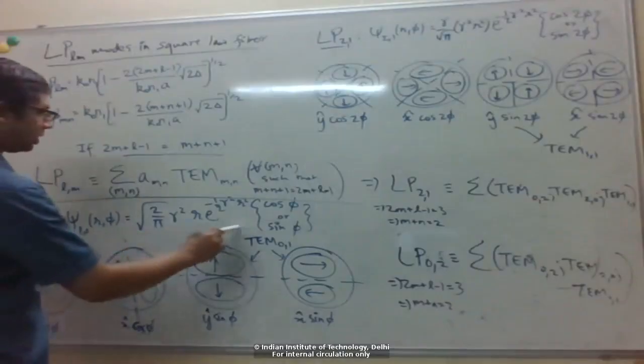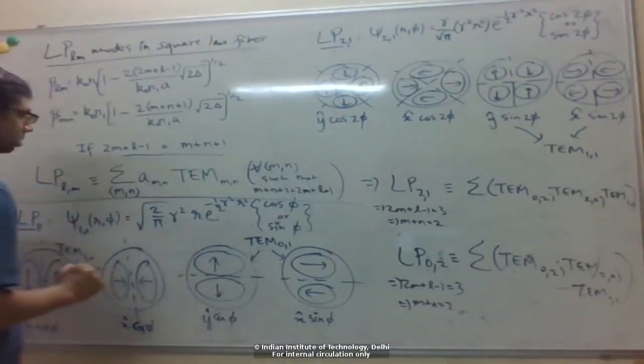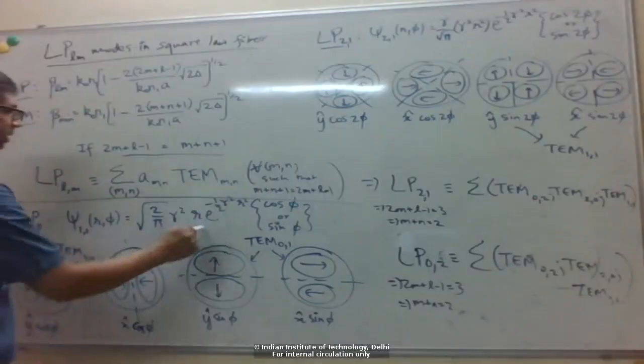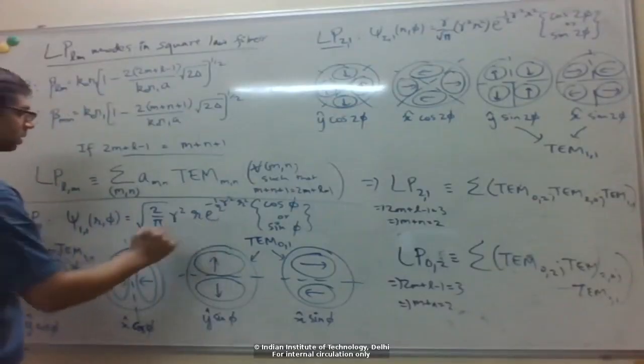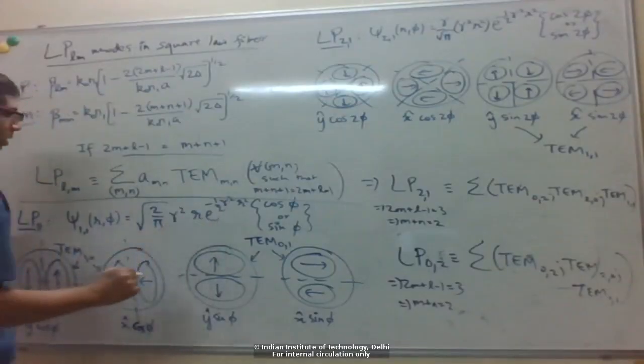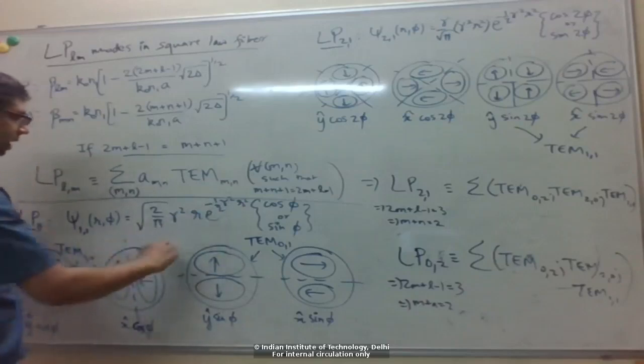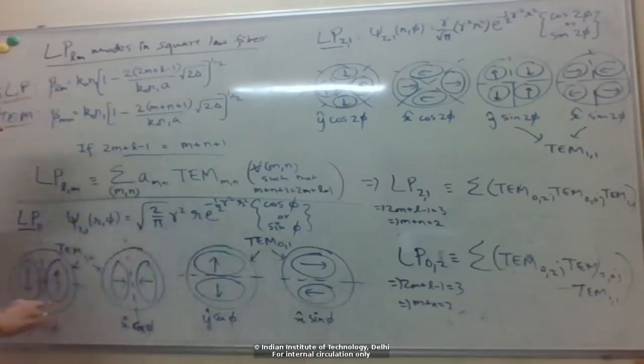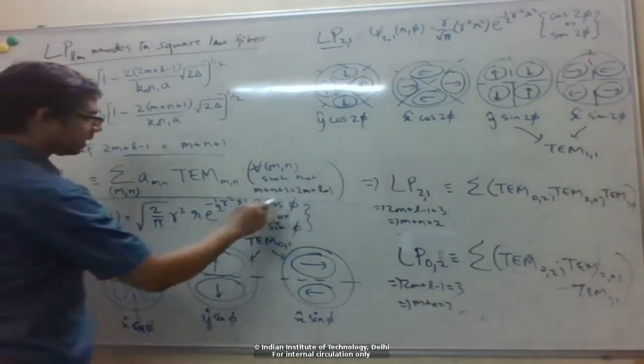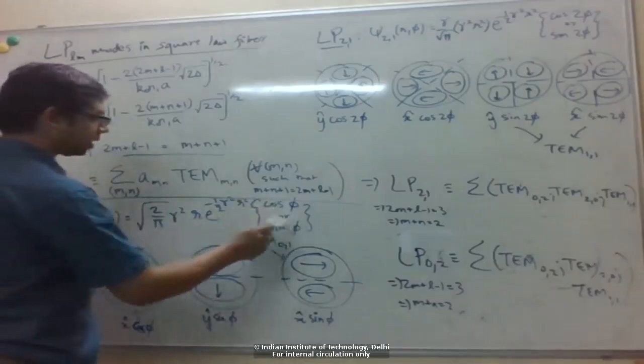Right, so the mode profile is like this from the solution. The radial part is some r times a Gaussian function, so you can see the radial part will be 0 at the center, then have some maxima and then decay away. Then we have an azimuthal dependence. L is 1, so cosine phi or sine phi.